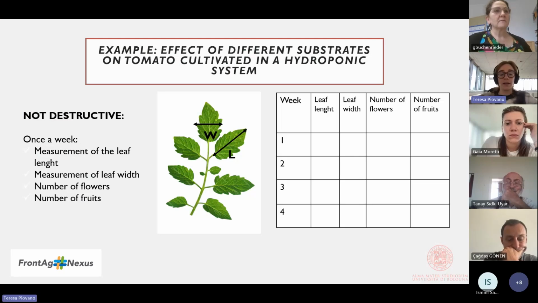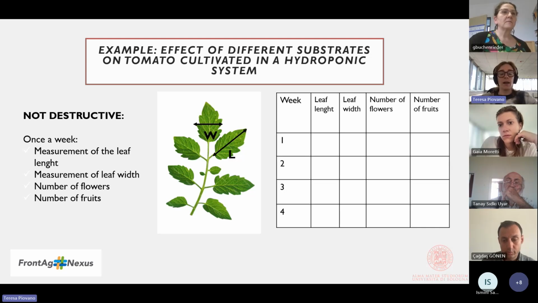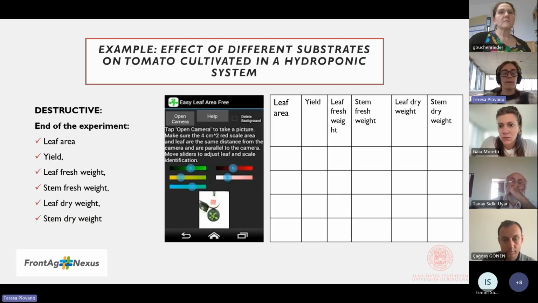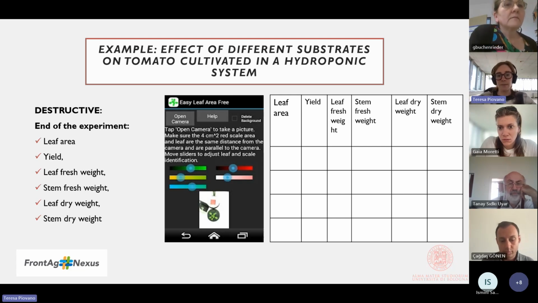Here are the non-destructive measurements, and then in the following slide we will see the destructive measurements. They can be taken in this case once a week, as I said before, like for example the leaf length, the leaf width, number of flowers. Here we have an example of destructive analysis measurements that can be done at the end, at the beginning of our experiment, or in a specific phenological phase.